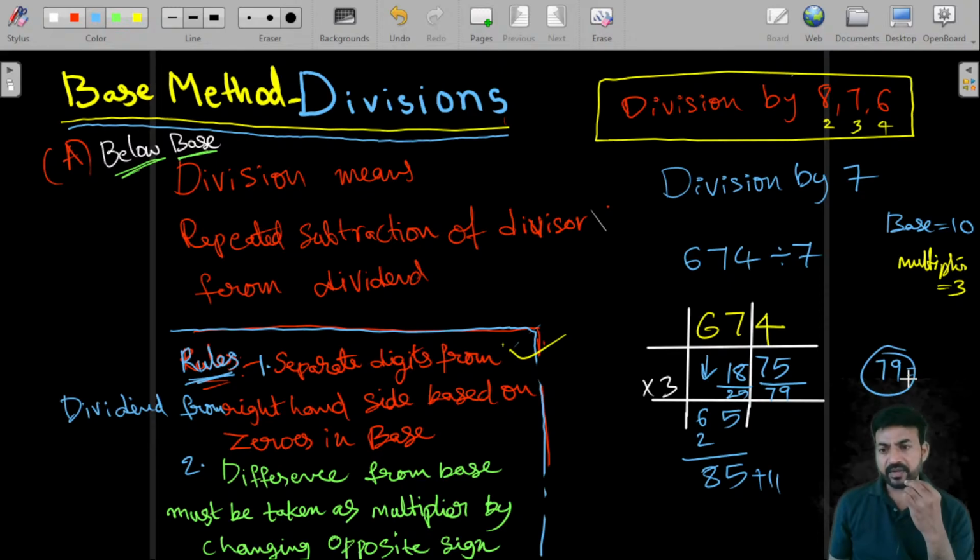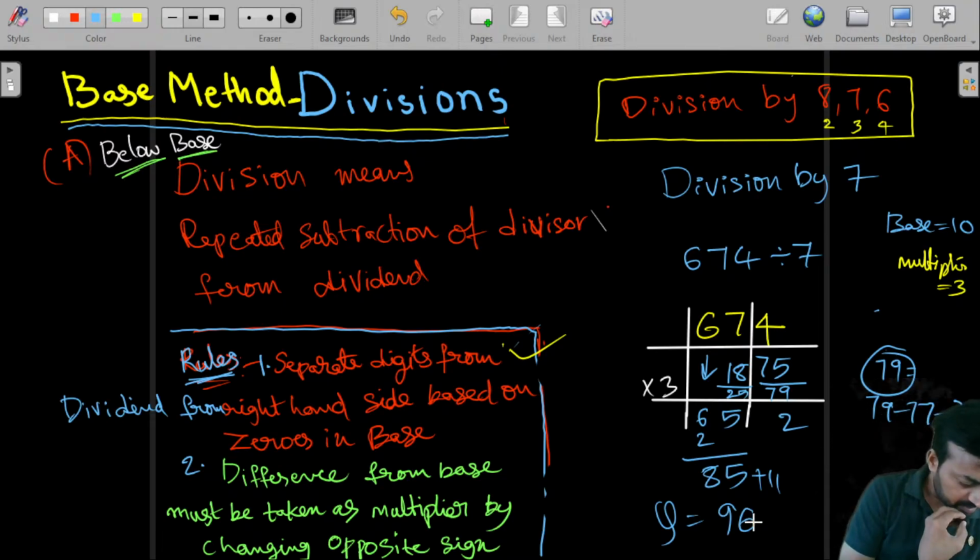If you subtract 11 sevens from here, 7 11s are 77. 79 minus 77, the remainder is 2. Did you understand? So what is the actual quotient? 96 is the quotient. Remainder is 2.